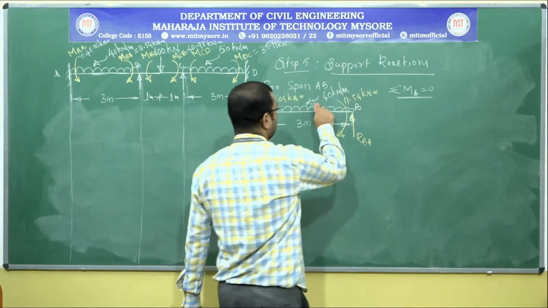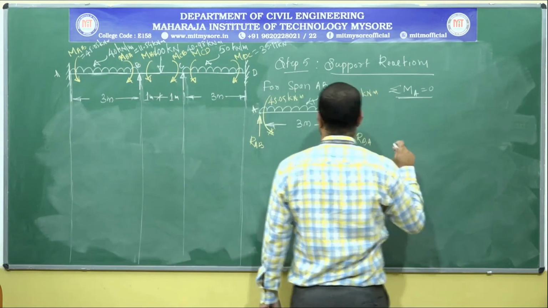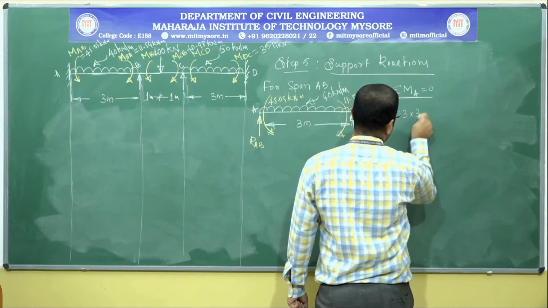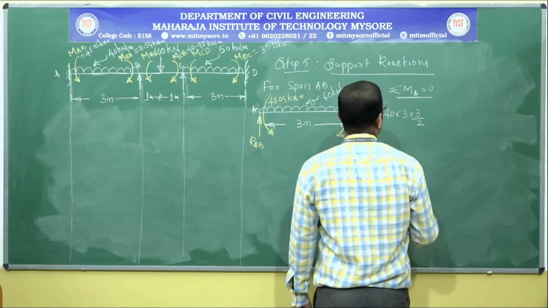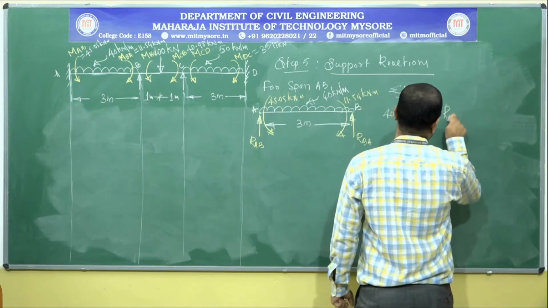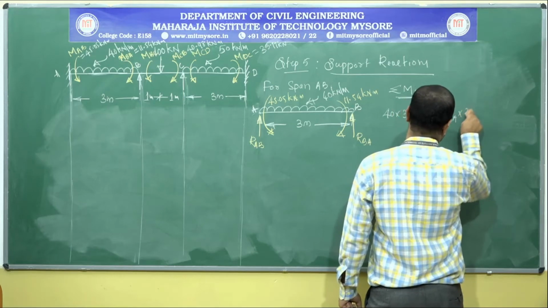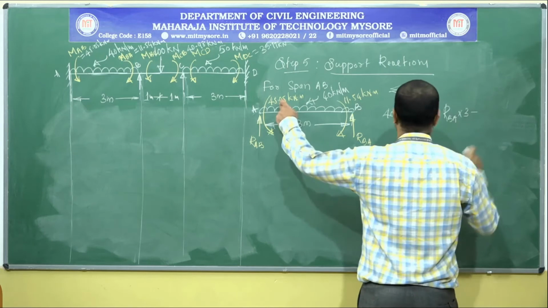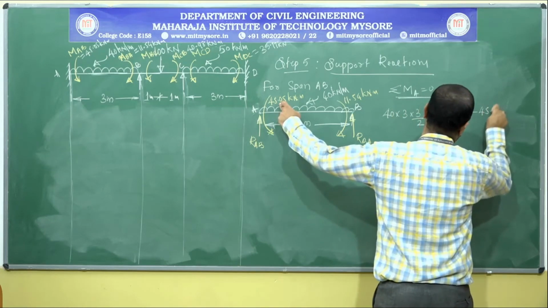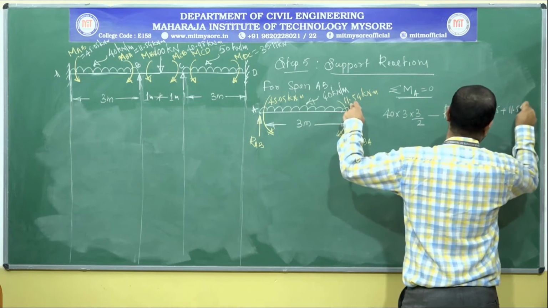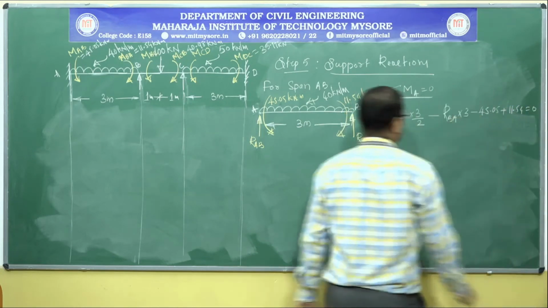So let me do that one by one. Here I will consider the 40 kilonewton first. So it is 40 into 3 into 3 by 2, minus we have this reacting component, that is RBA into its perpendicular distance, 3 meter, minus we have this anticlockwise moment 45.05, plus we have this clockwise moment 11.54, equals 0.